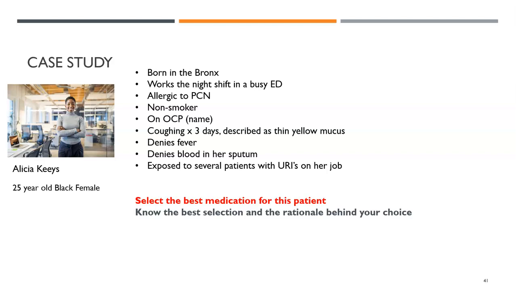She doesn't have any fever. She doesn't have any blood in her sputum, but she's been exposed to several patients that have upper respiratory infections on her job. So what would be the best medication for this patient? I want you to know what would be the best selection and what would be the rationale behind your choice. Do you understand why you're selecting a medication for her?